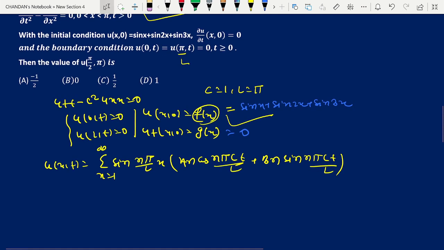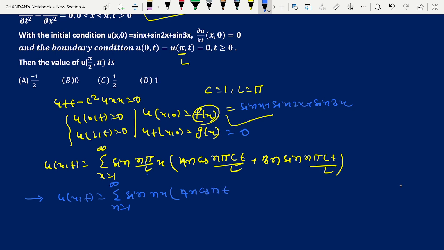So c is equal to 1, L is equal to pi. So this equation transforms: u(x,t) is the sum from n equals 1 to infinity of, substituting L as pi, sin nx times [a_n cos nt plus b_n sin nt].